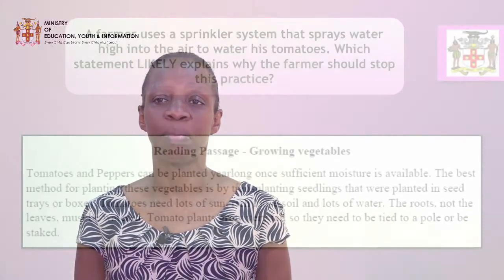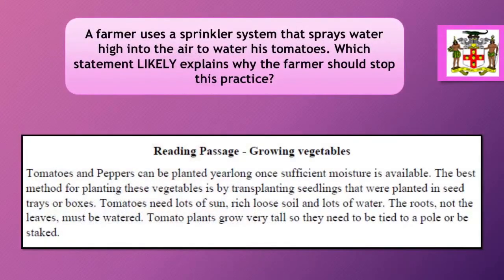Let's look at another question using the same passage. Now, in this question, we're told that a farmer uses a sprinkler system that sprays water high into the air to water his tomatoes. And we're asked, which statement likely explains why the farmer should stop this practice?